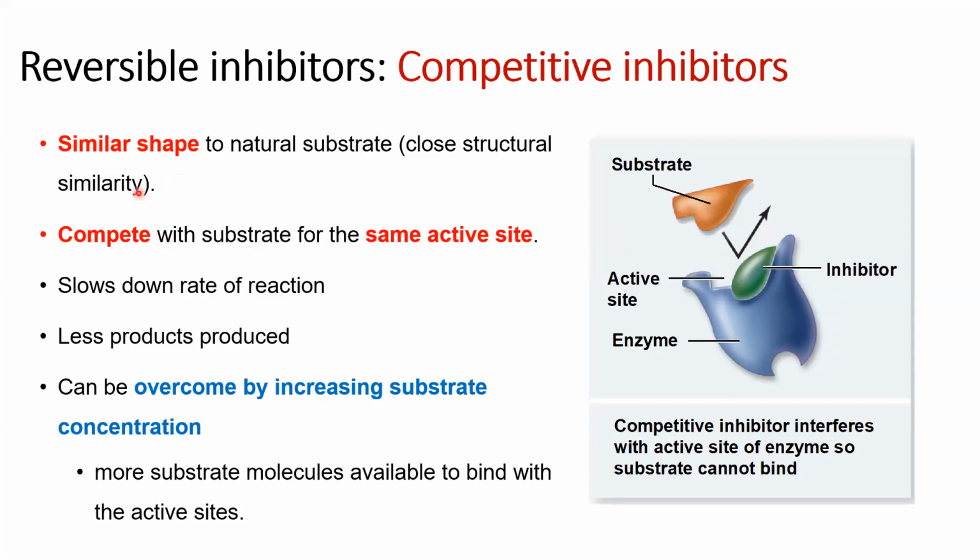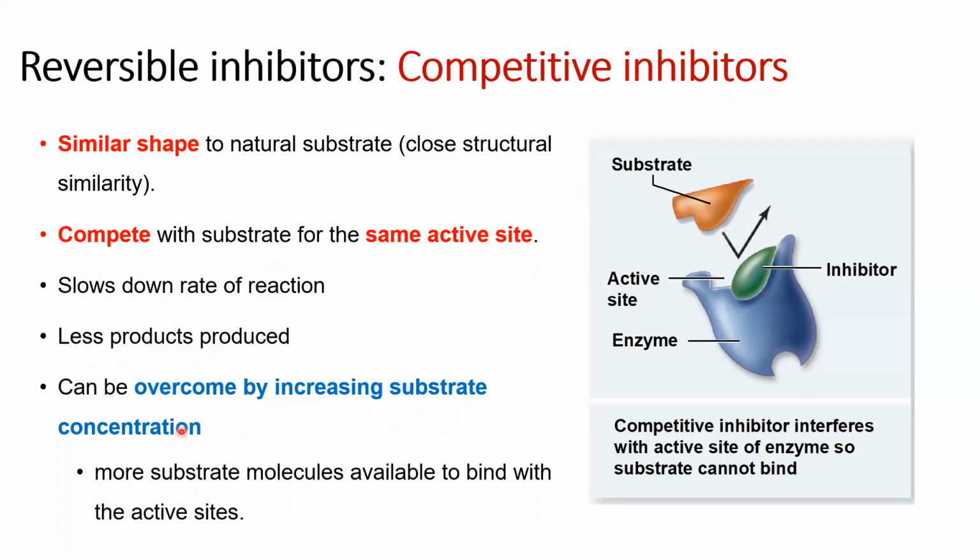Because the shape of the inhibitor is similar to the substrate, the inhibitor will compete with the substrate to bind to the same active site, and the effect is that the rate of reaction will slow down and the product produced will be less. For competitive inhibitors, you can overcome the effects of competitive inhibition by increasing the substrate concentration.